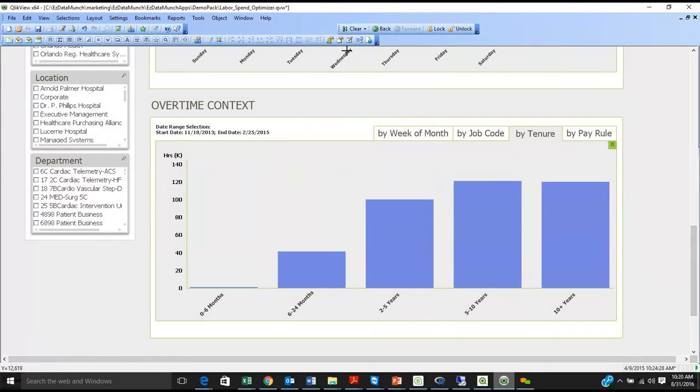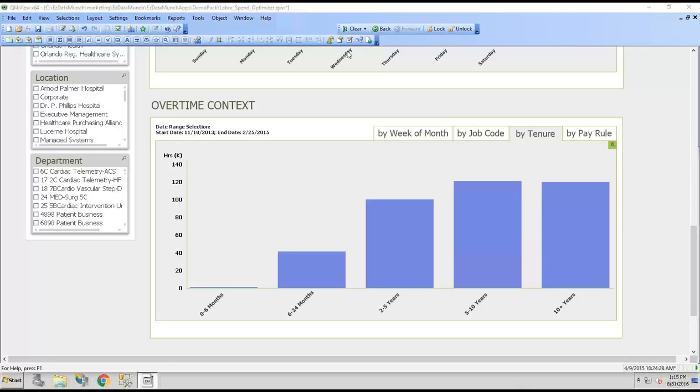We are looking at by tenure. As we all know, if you have people with higher tenure, obviously the wages, the rates, what you pay them in terms of salary or hourly rates, are going to be much higher. So when you're looking at overtime costs, you're also looking at who is spending more time within your organization.